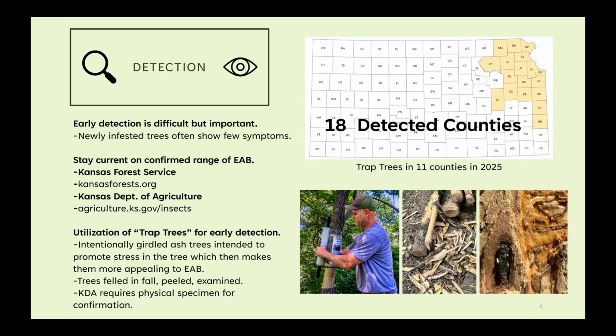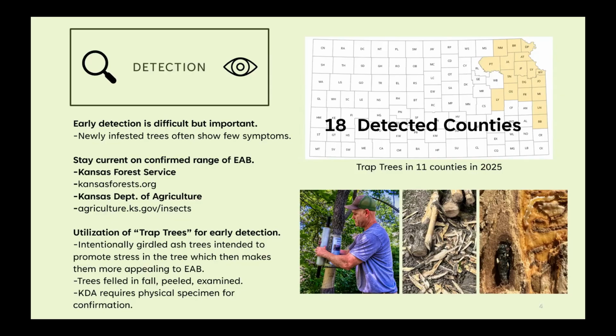And so the Kansas Forest Service, along with partners, recognizes the importance of early detection and has for many years utilized trap trees to assist with detections. Trap trees are essentially intentionally girdled ash trees intended to promote stress in the tree, and therefore make that tree more appealing and susceptible to EAB infestations.